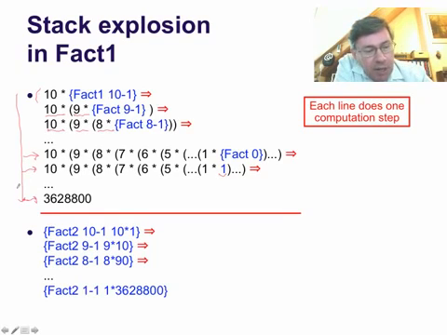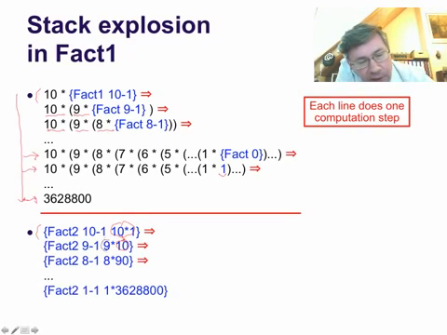Now let's take a look at fact2. So fact2 starts with fact2 of 10 minus 1 and 10 times 1, the accumulator. In the next function body, we have fact2 of 9 minus 1, and this 10 times 1 becomes the 10. So we have 9 times 10.